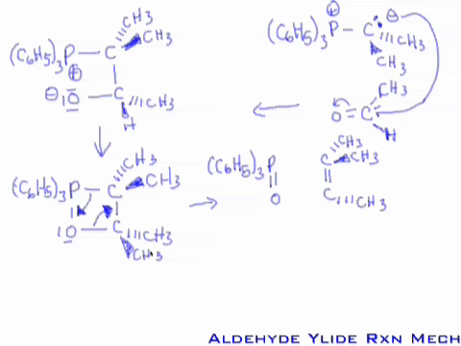And lo and behold, notice my H had turned into methyl. I apologize about that. There we go. And that's an alkene. So once the pericyclic reaction is done, you've got your phosphine oxide and you've got this alkene.